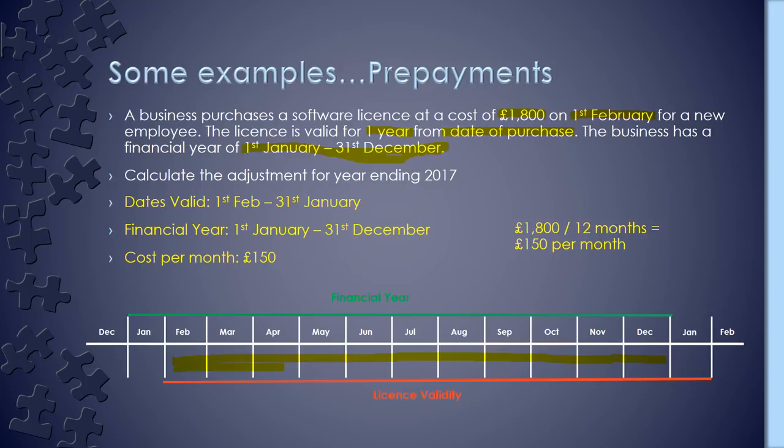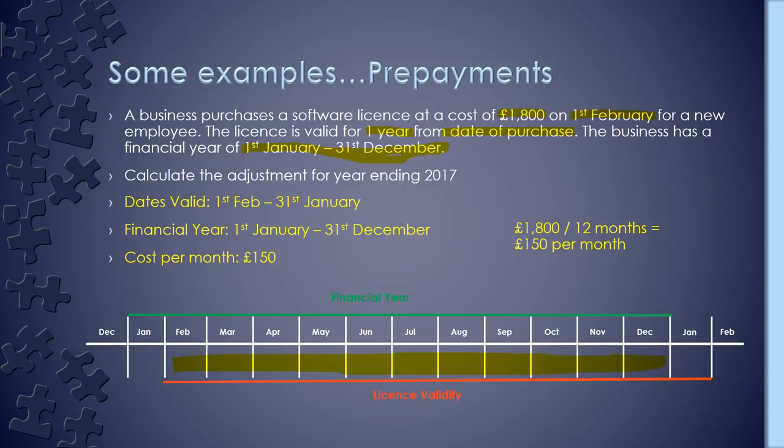We need to include the cost of the licence for those months, because you can see that's where the financial year starts and ends, and this is where the licence validity starts and finishes. So these are in line, so that can sit in the 2017 accounts.